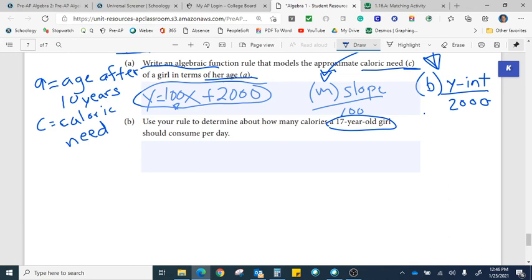Okay, so C is our caloric need and A is our age after 10 years old. Well, A is going to equal 17 minus 10, which is 7. So 7 years after 10 years old. Okay? All right, so we have our equation, and actually this should be called C and A.